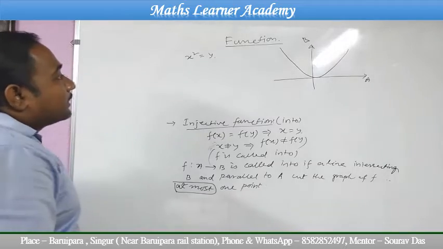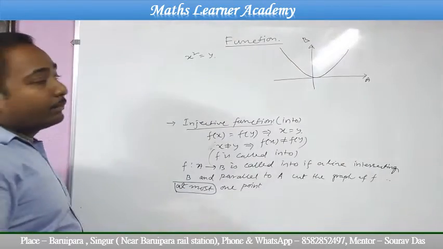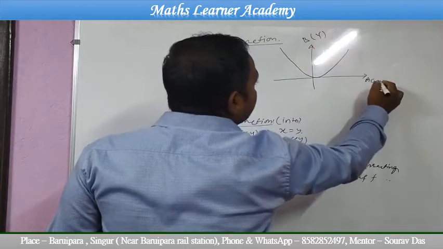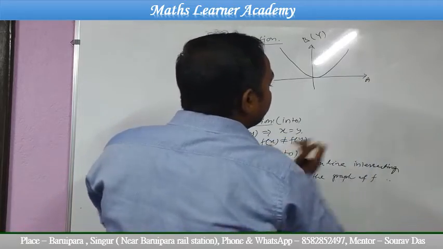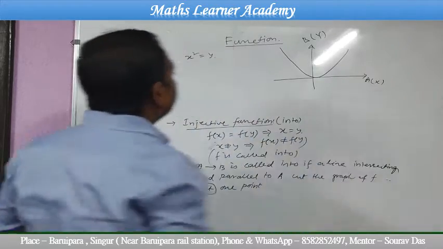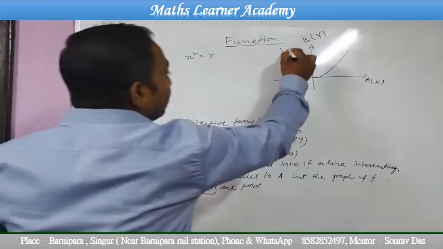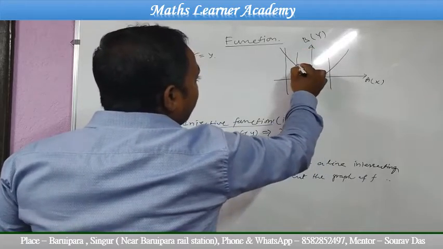So first of all, you will see that x square equals y will be the function with respect to this. Suppose this is the x axis and this is the y axis, right? With respect to this notion, it will be a graph, because using the definition you can say that this vertical line meets exactly one point.